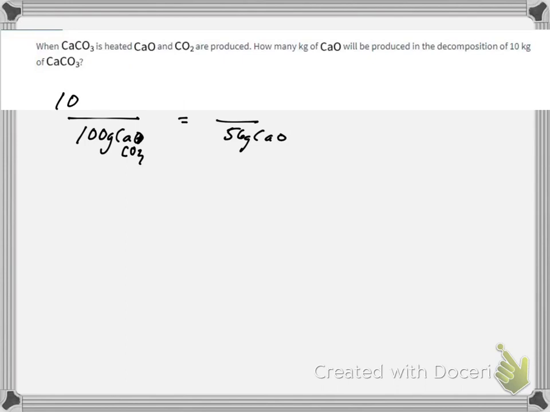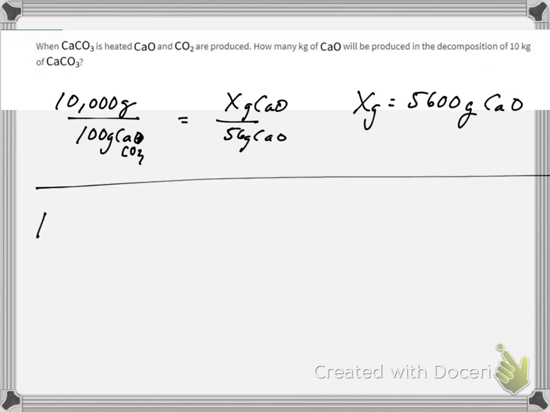If we had 100 grams, we'd make 56. But we don't have 100 grams, we have 10,000 grams. So we want to find out what value here satisfies this equation. So if we solve for x, we get 5,600 grams, or 5.6 kilograms.